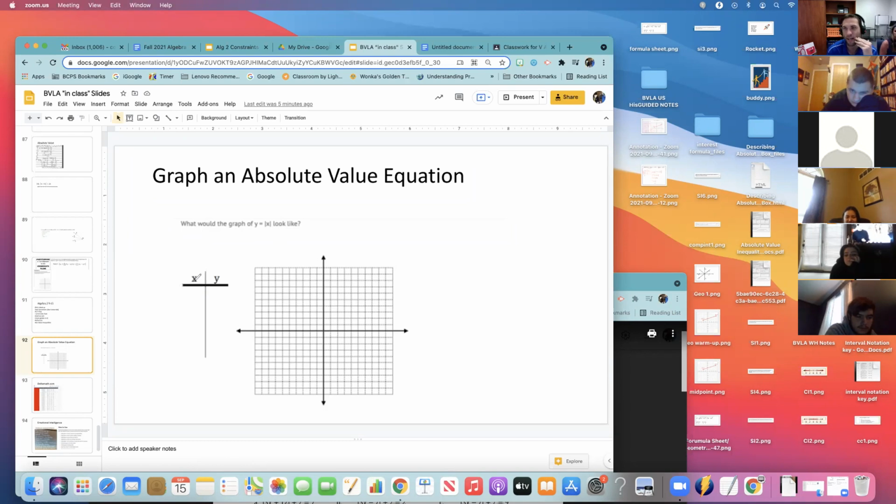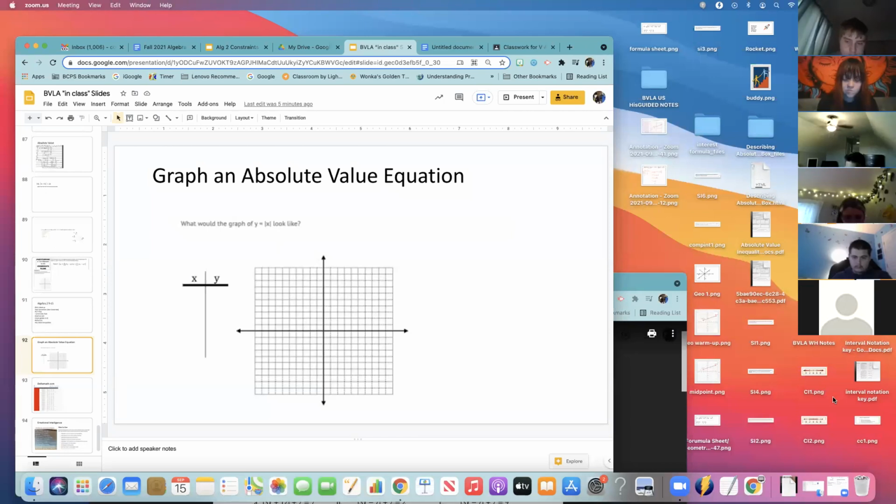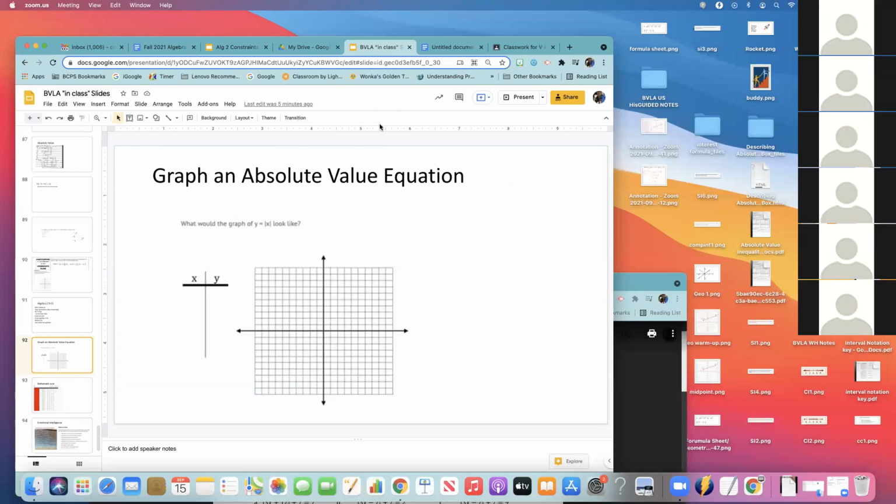Laney, Ethan, Isaiah, and Dylan Hardy, type in a number in the chat. Tell me what to put in to my XY value. 7, okay. 6. 4, can somebody give me a negative? 7, 6, 4, -2, thank you.